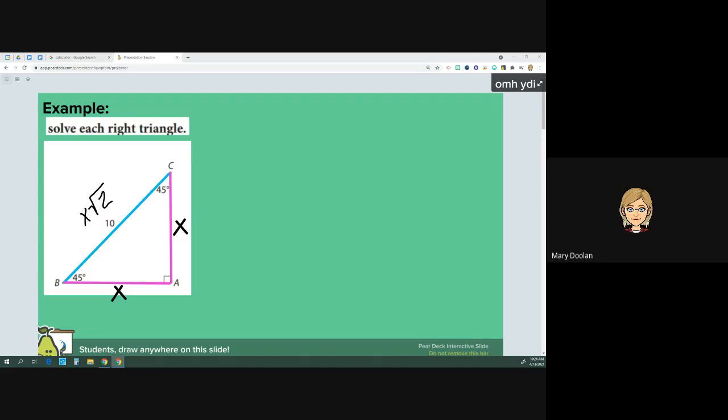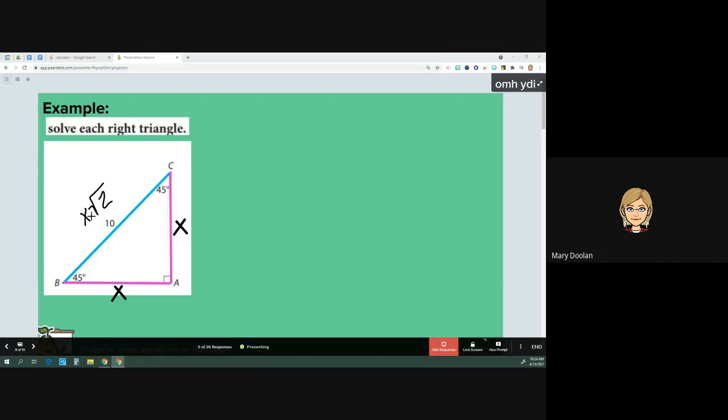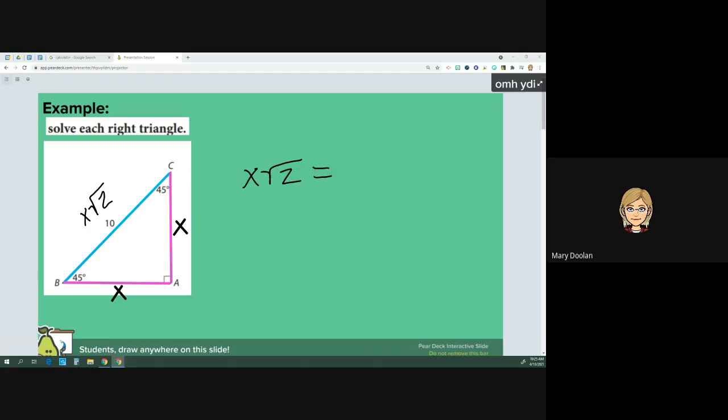But the hypotenuse is also 10. So basically, x times the square root of 2 is equal to 10. Ten is given to us.